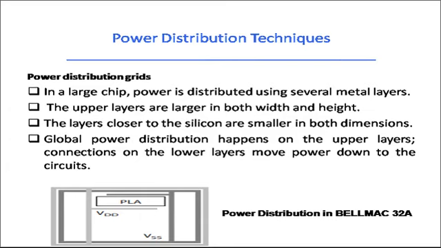The layers closer to the silicon are smaller in both dimensions, and global power distribution happens on the upper layer connection. The lower layers move the power down to the circuit.